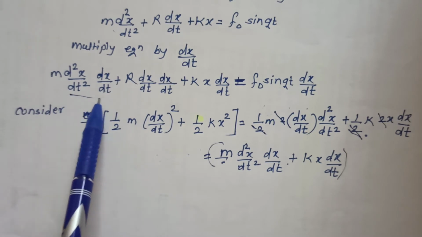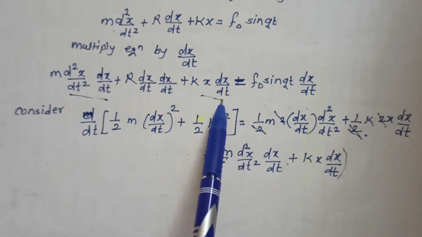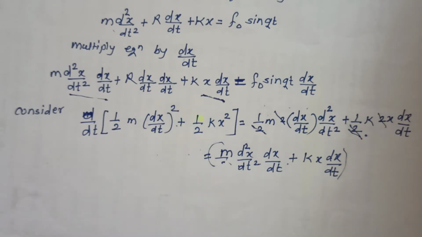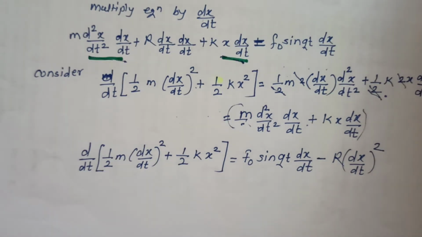Put this value in the above equation, then we get d/dt of [1/2 m (dx/dt)² + 1/2 kx²], the derivative of kinetic plus potential energy, equal to F0 sin qt dx/dt minus r (dx/dt)².